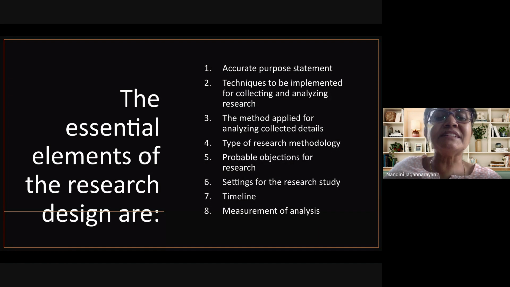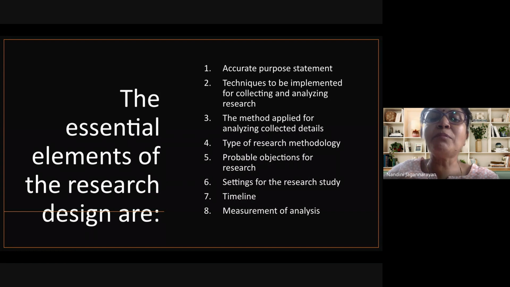So when I say this, I'm going to draft this as my research methodology, and then I'm going to talk about what objections could be there for the research. For example, another company may object, or the society people may object, or something like that.